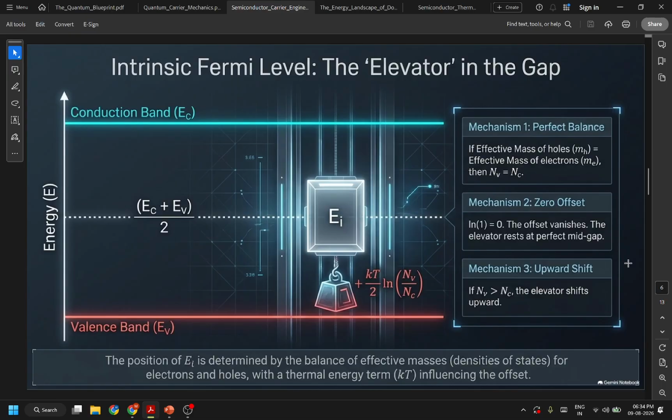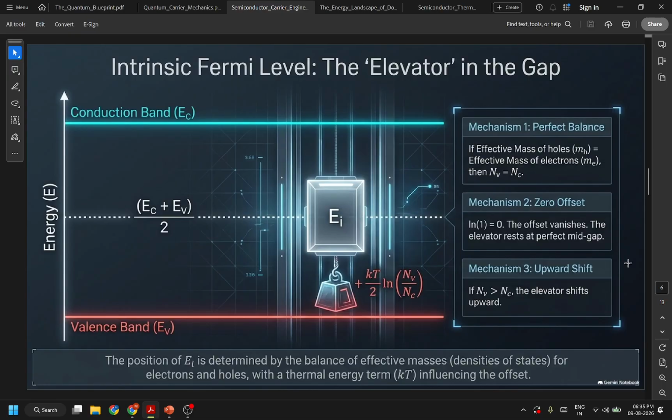So if the effective mass of holes and the effective mass of electrons are equal, then Nc equals Nv.